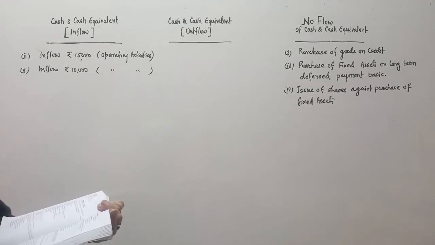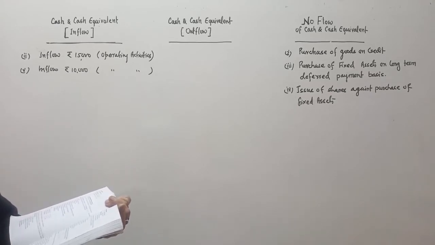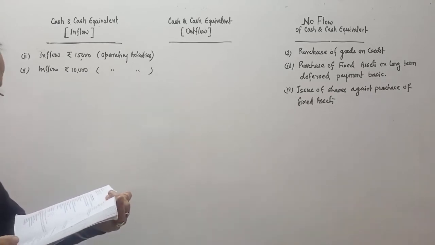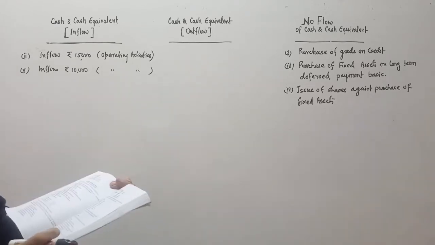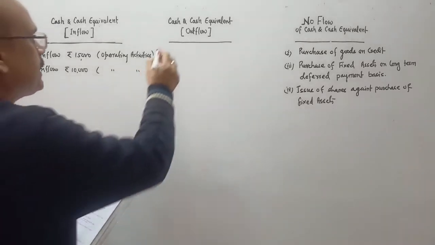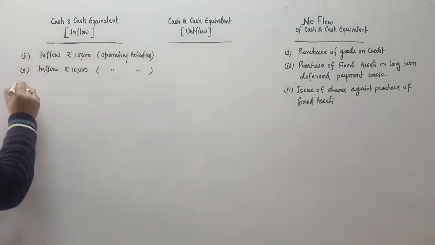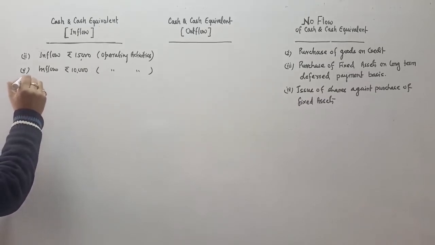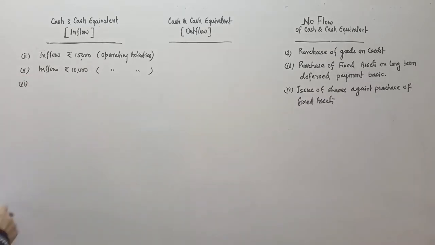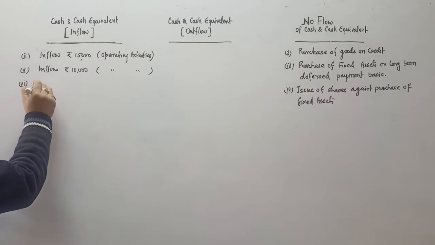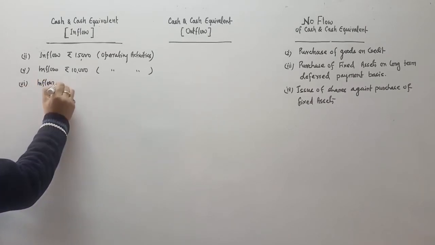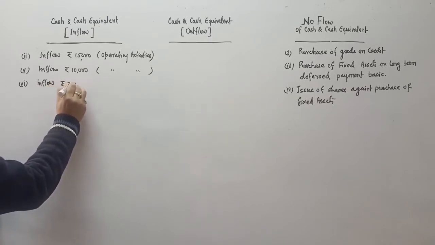Next is sale of fixed assets, book value 25,000 for rupees 20,000. Sale of fixed assets is an inflow. Number 6, it's an inflow of rupees 20,000.